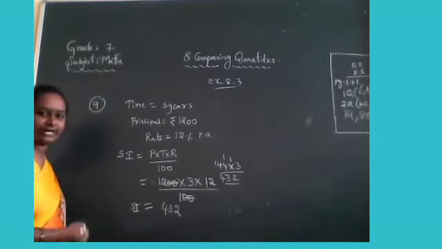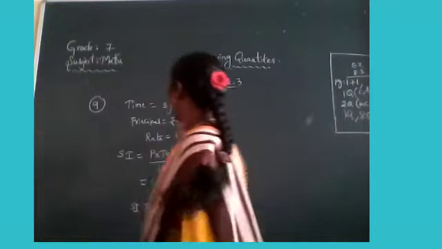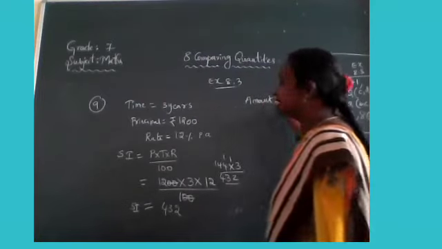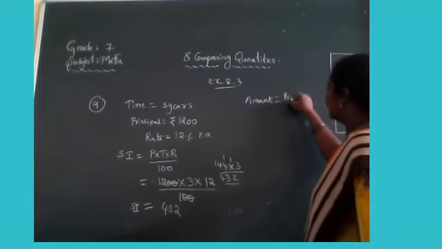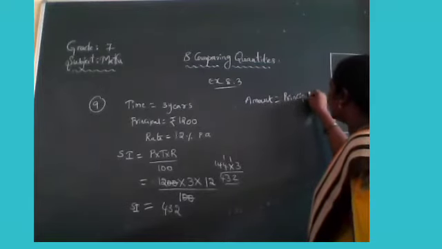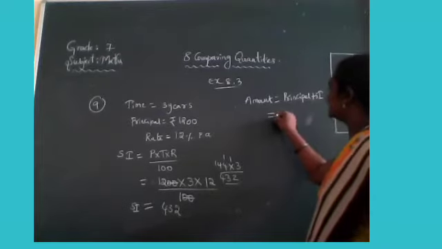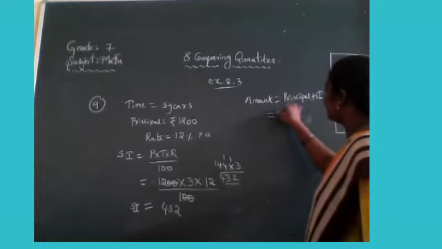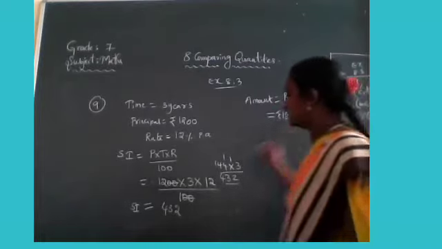Why do we have to find the interest first? Whenever you want to find the amount, compulsorily you have to find the simple interest. Okay, so amount is equal to principal plus simple interest. So the principal amount is 1200 rupees and the simple interest value is 432 rupees.